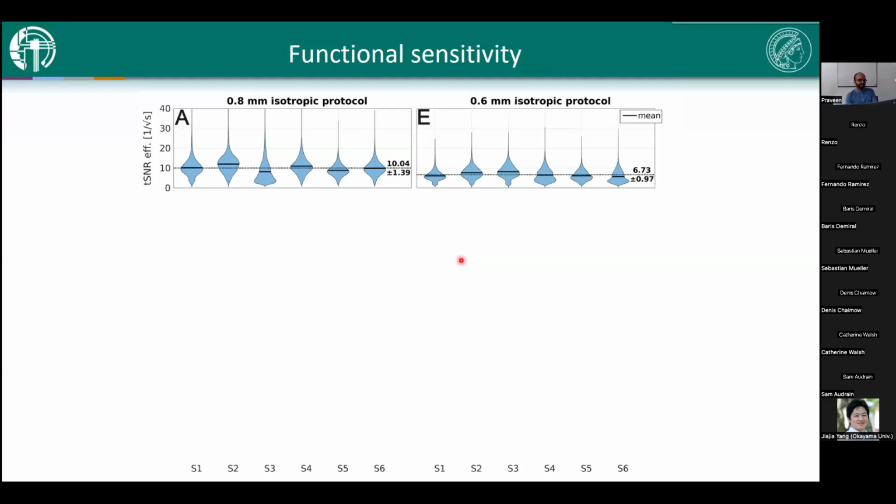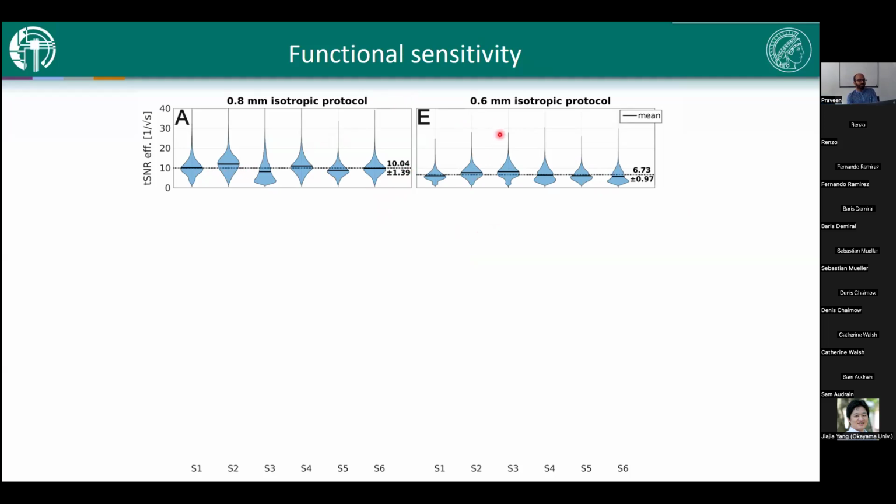And so some summary statistics of these two acquisitions, to get an idea of how much functional sensitivity you're getting. The tSNR is actually quite low, which is very similar to gradient echo, where we expect a little more because of the SSFP.